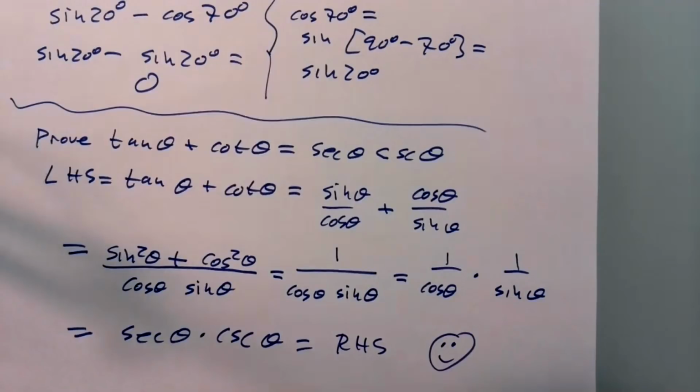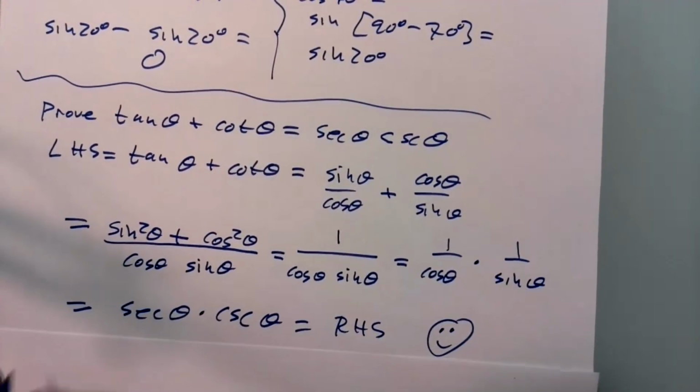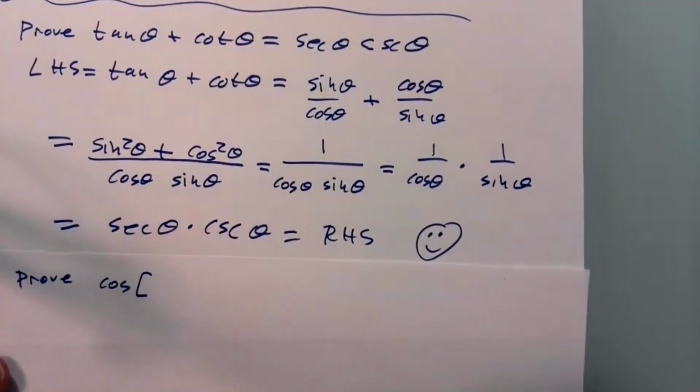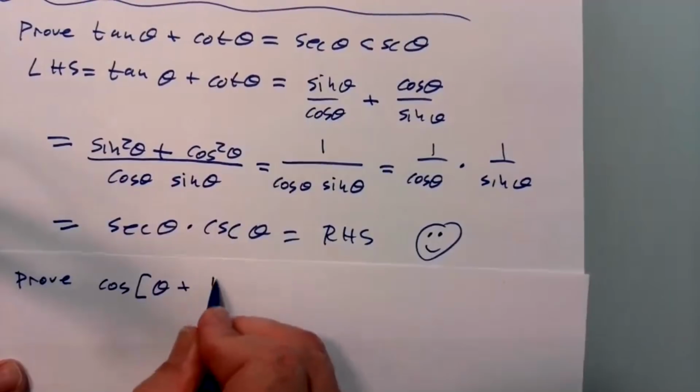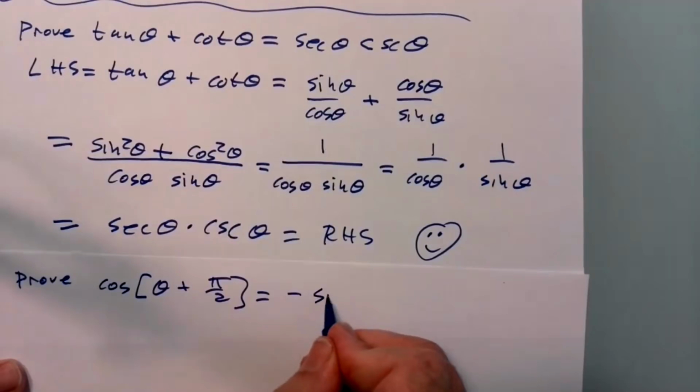That's that proof. And I have another proof for us to do here. Let's take a look at that one. The next proof I want to do for you is to prove cosine of theta plus pi over 2 is minus sine theta.